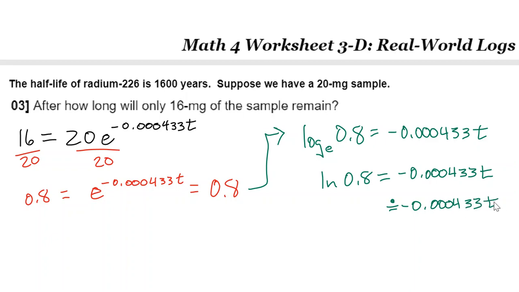Okay. So the natural log of 0.8 is negative 0.223. And when I divide that by the decimal that I've got over there on the right, 0.000433, I get 515.3. So it's about 515.